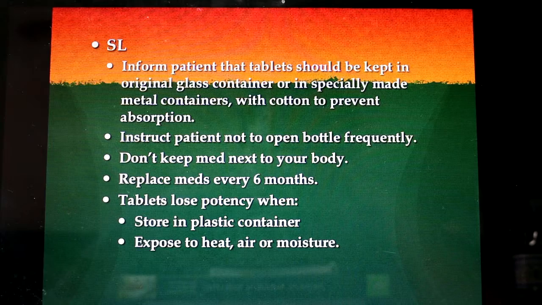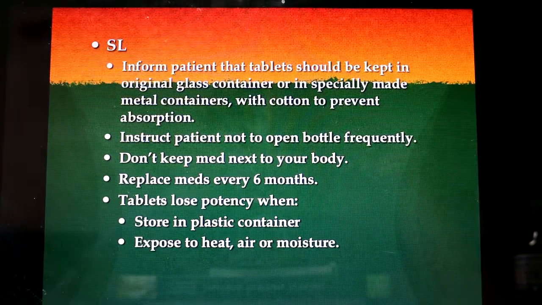Do not keep medication next to your body because your body heat can reduce the potency of the medication. Replace your medications every month. Usually nitro's expiration date is within 4 to 6 months. So avoid exposure to heat, air, or moisture for your tablets. Otherwise, tablets will lose potency.